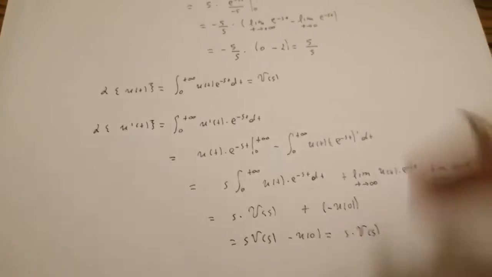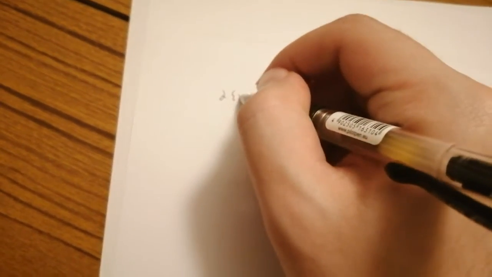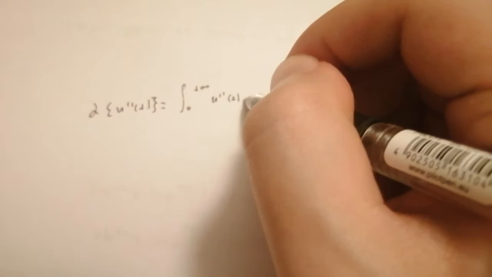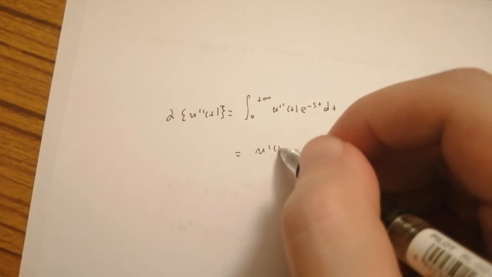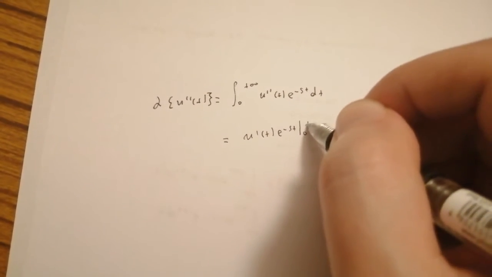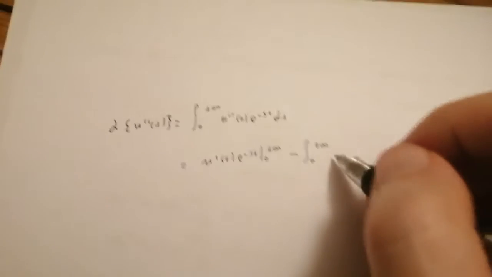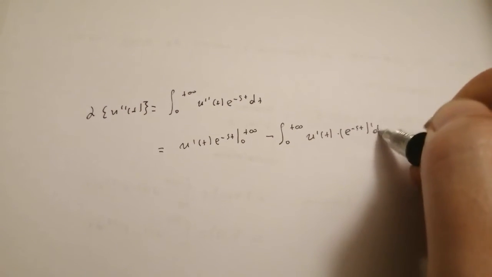Okay, the calculations are pretty straightforward. Now I have to find the Laplace transform of the second derivative of u. The Laplace transform is the integral from 0 to infinity of u double prime of t e to the minus s t dt. I do again the integration by parts. Minus the integral from 0 to infinity of u prime of t times the derivative of e to the minus s t dt.